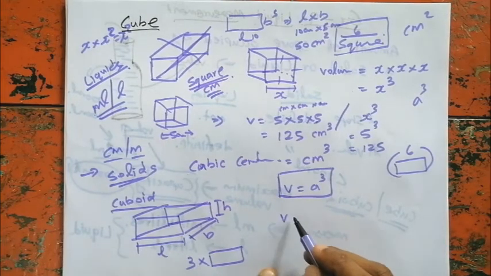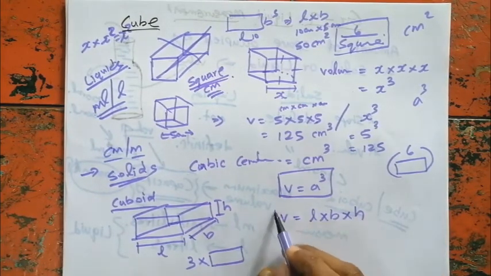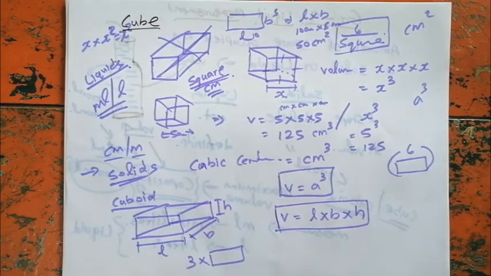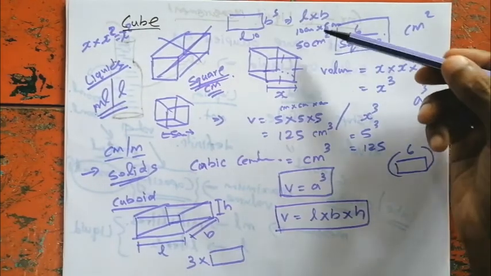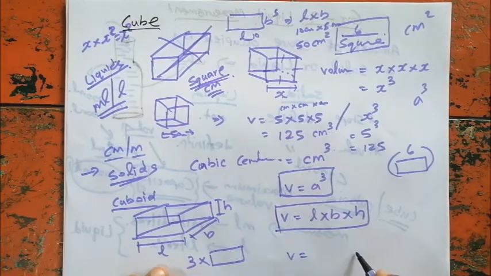So what is the equation? Volume equals length into breadth into height. There are 3 measurements, so like the cube, we have 3 types of length.